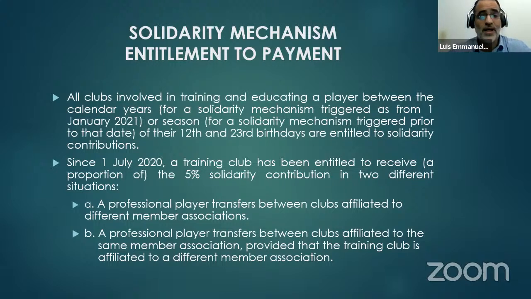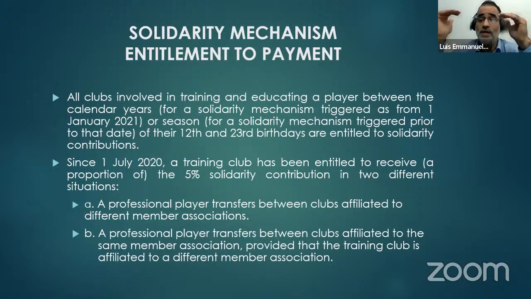So a training club is entitled to receive a proportion of the 5% solidarity contribution in two different situations. A, when a professional player transfers between clubs affiliated to different member associations, and B, when a professional player transfers between clubs affiliated to the same member association, provided that one training club is affiliated to a different member association, because it has an international dimension.